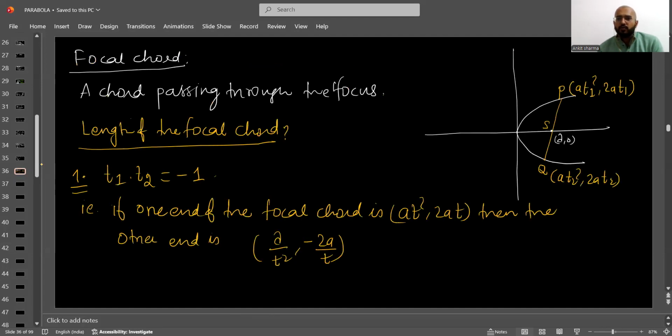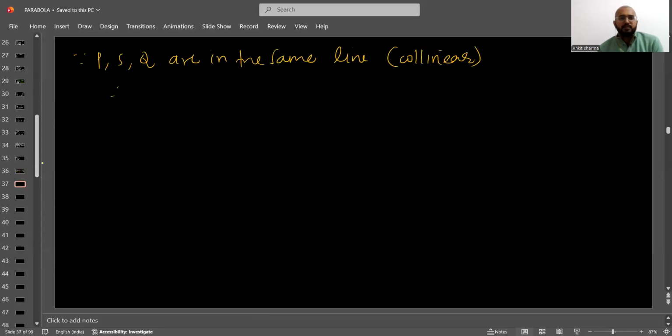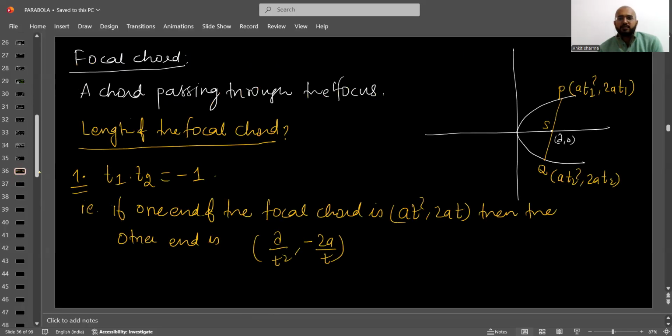That means the slope of SP and the slope of SQ are both going to be the same. So let's equate the slopes. And of course, this t1 and t2 are distinct. These are two distinct points.